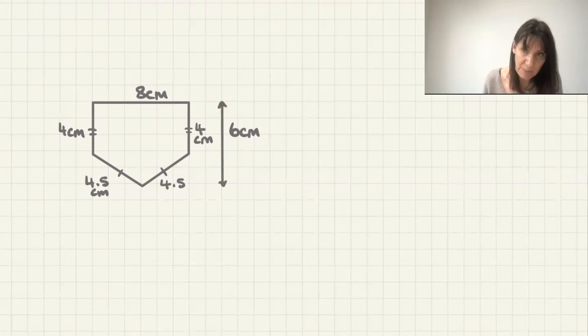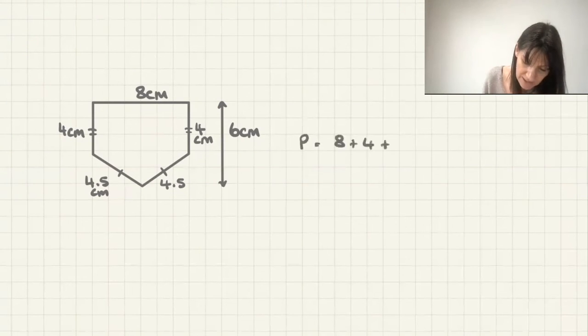But it has nothing to do with perimeter. It's not on the edge of our shape, so we must ignore that. So my perimeter is 8 plus 4 plus 4.5 plus 4.5 plus 4. And when I add all of that together, I get 25 centimeters.